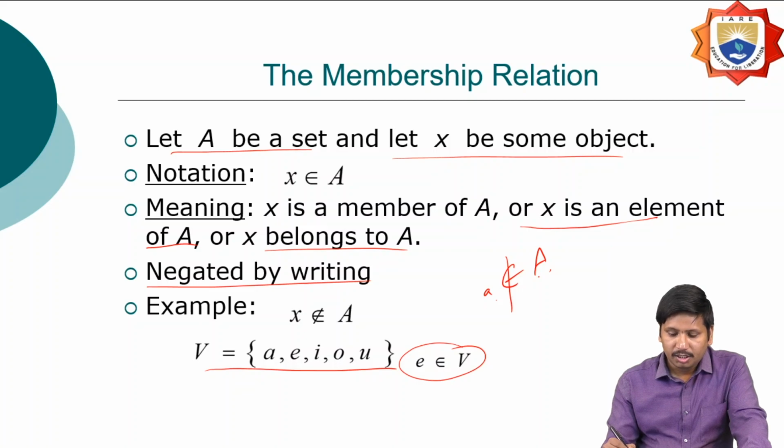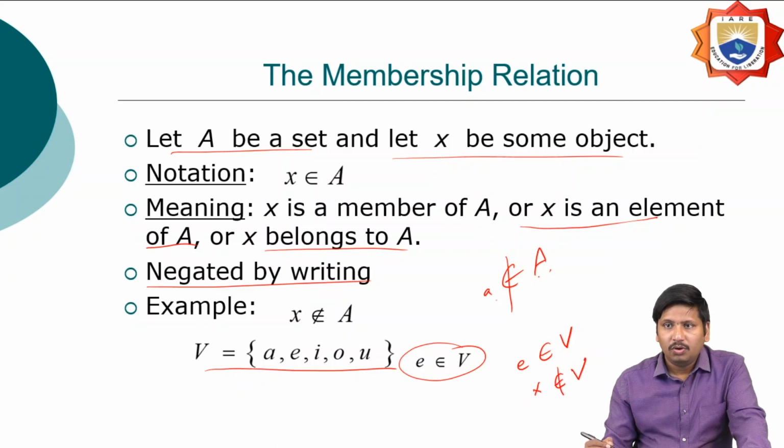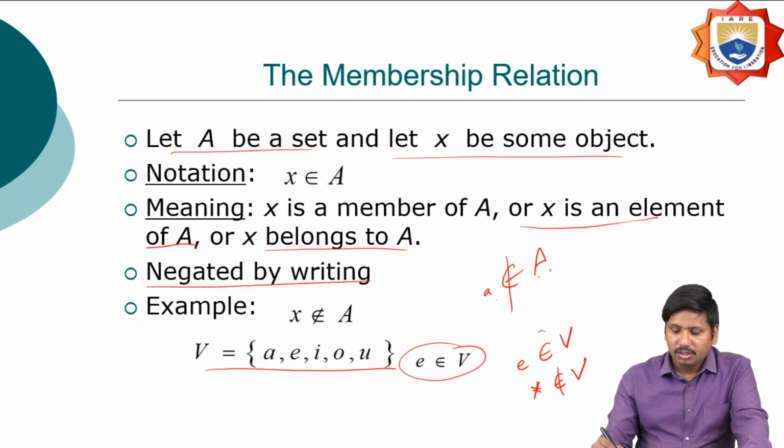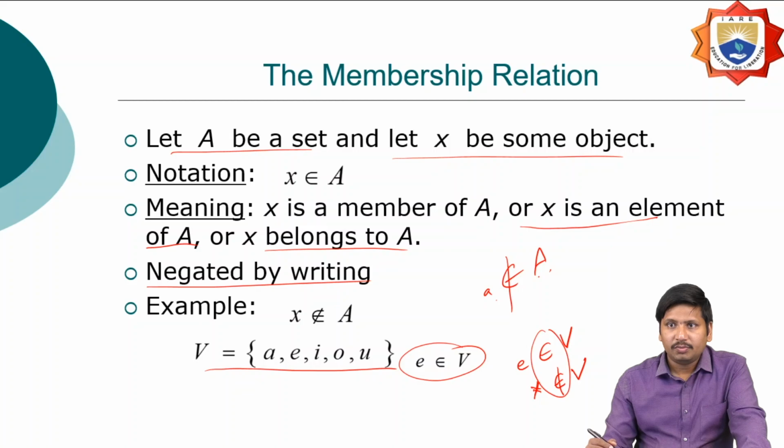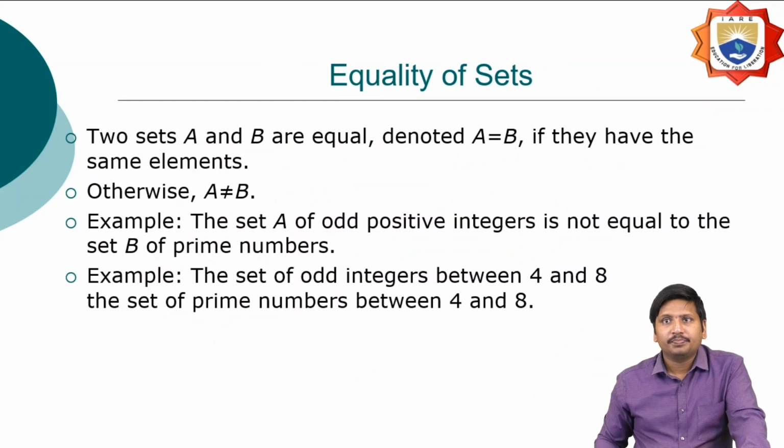If E is present, I can write E belongs to the vowel set. If I write x does not belong to the vowel set, this is the negated form. So this is the membership relation used in sets.